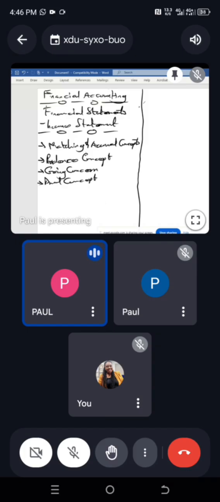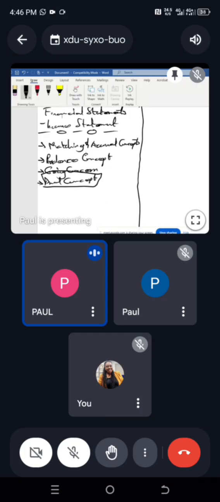The dual concept talks about double entry. So since double entry runs through, you would have to apply double entry everywhere in accounting. So that's why I wrote the dual concept.